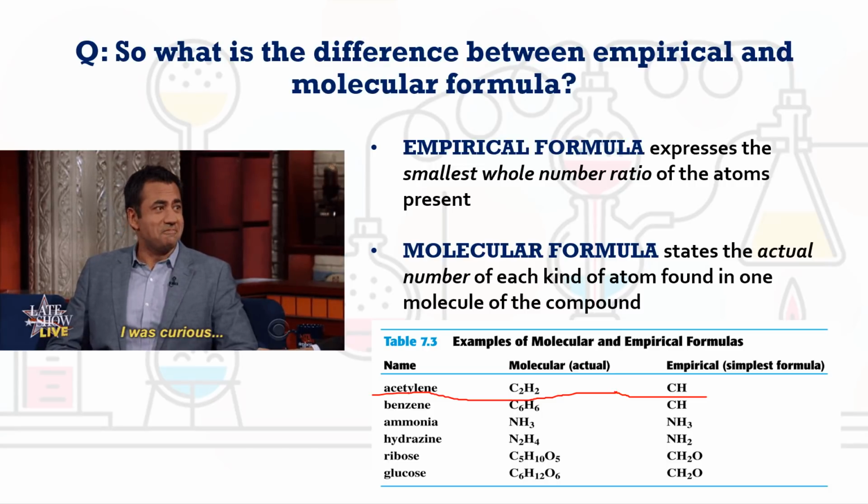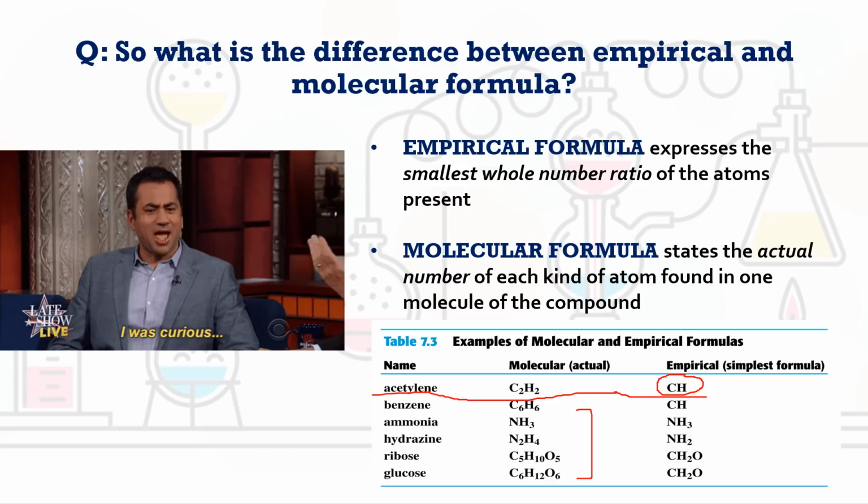You just have to get the greatest common factor of the subscripts. In this case, C2H2, the greatest common factor is 2, so you divide each subscript by 2 to make it CH. Again, the empirical formula is a simplified formula of the molecular formula. You may also take a look at the other examples.